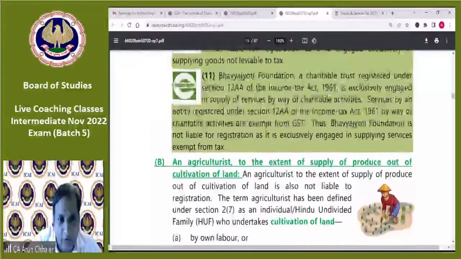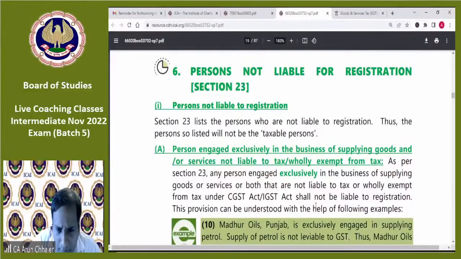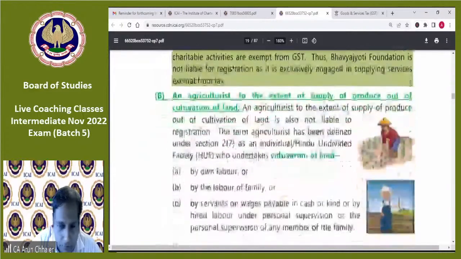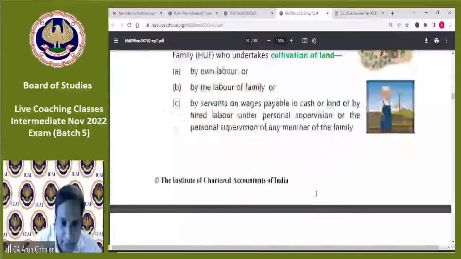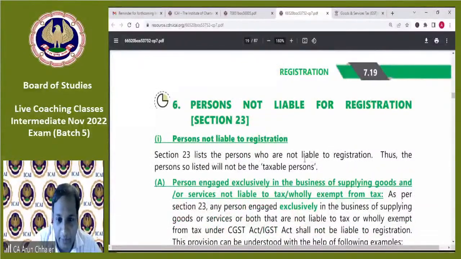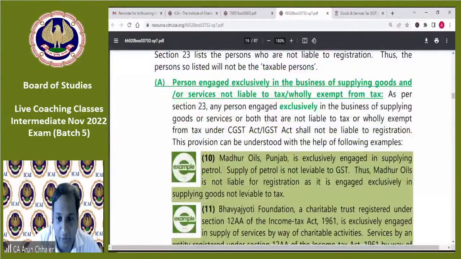I think I'm at the right place now. 7.19, section 23, person not liable to registration, so not a listed taxable person and exclusively in the business, not liable to tax or only exempted, not liable to provisions.